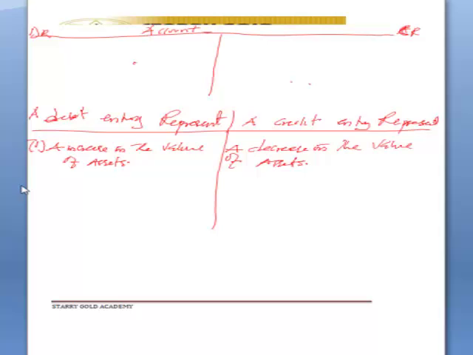Let's look at liability, because these are the elements of accounts. Two, in the case of liability, a debit entry indicates a decrease. The debit entry is a signal for a decrease in the amount of liability.